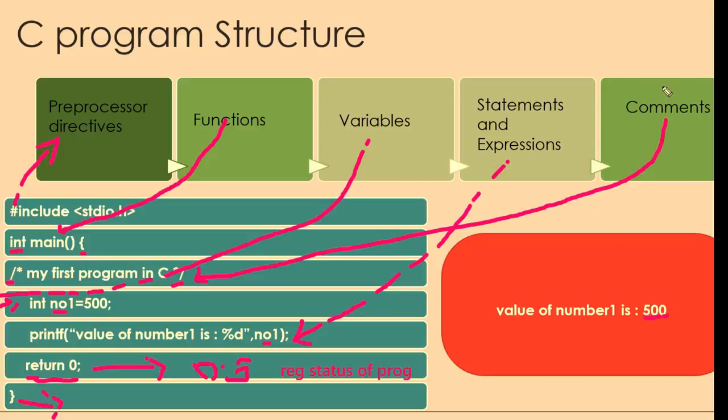Right? This is what a C program structure, or a C program's components, is about. Basically, a C program is composed of these particular components, right? Thank you for watching.